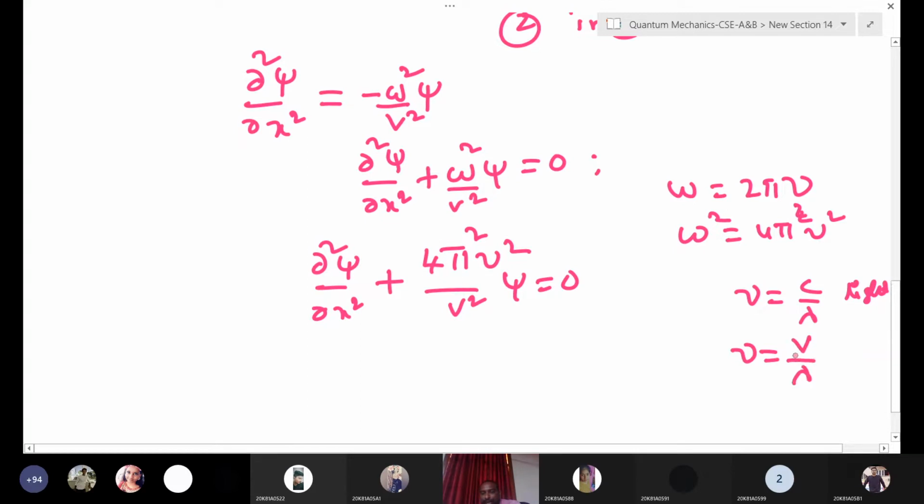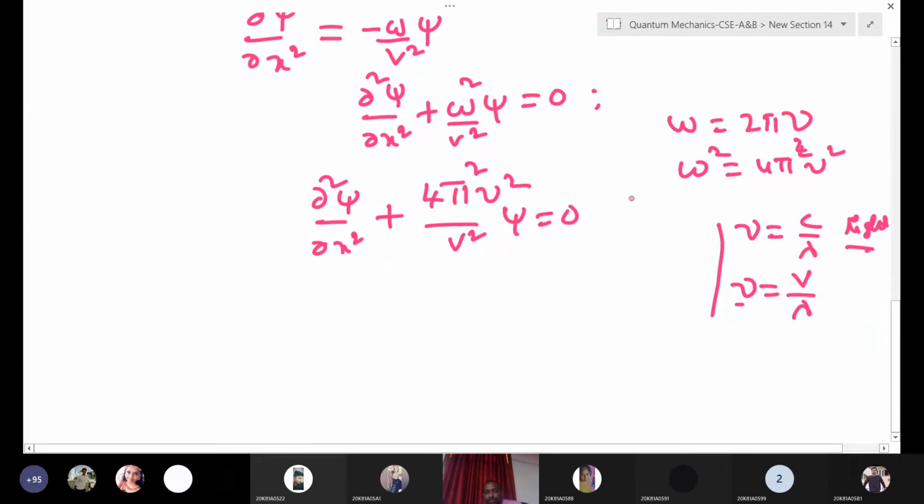Generally nu is equal to C by lambda in the case of a light wave, but here a material particle is moving, so we are deriving the expression for a material particle. So we replace C with v, the material particle velocity.